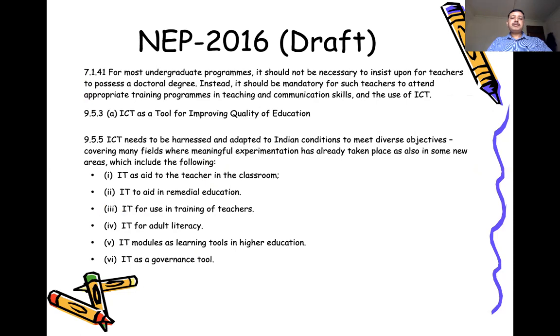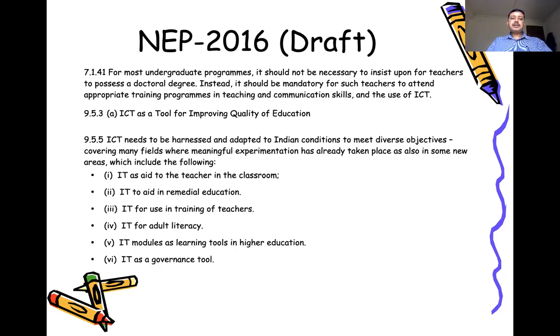NPE also recommends some other things in the draft new education policy, in section 7.9 and especially 9.5. ICT needs to be harnessed, adapted to Indian conditions, to meet the desired objectives.